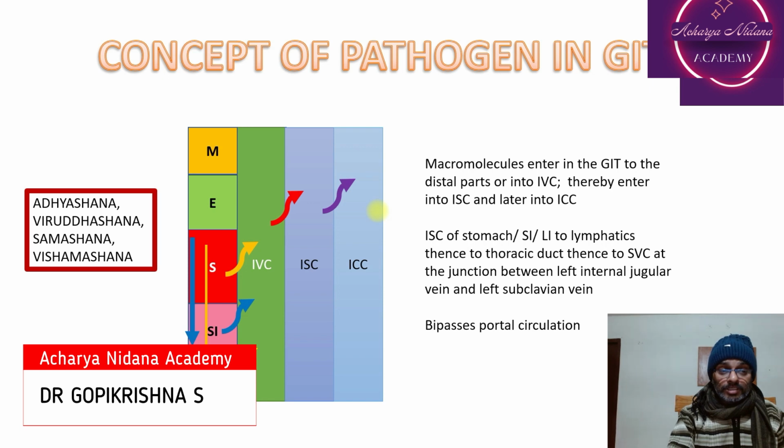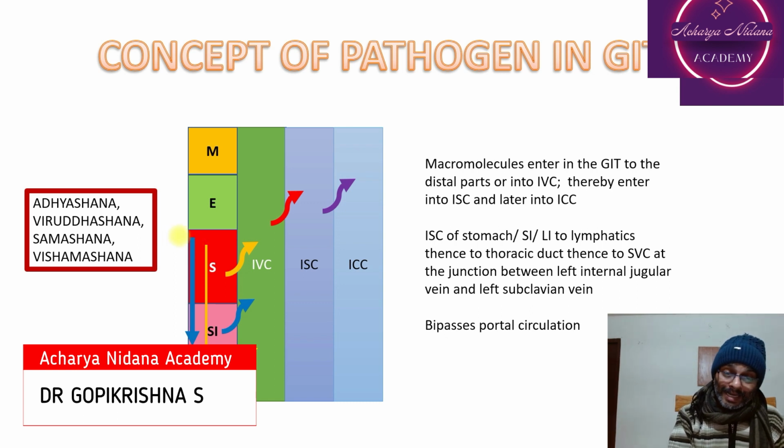This is what we have discussed earlier. These macromolecules enter from the GIT into the intravascular compartment, and from there into the intracellular compartment. So now when you think about improper digestion happening in the stomach, that means the macromolecules are present in the stomach.